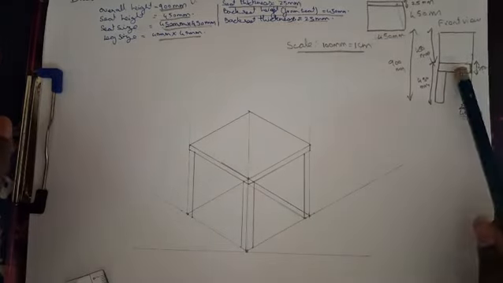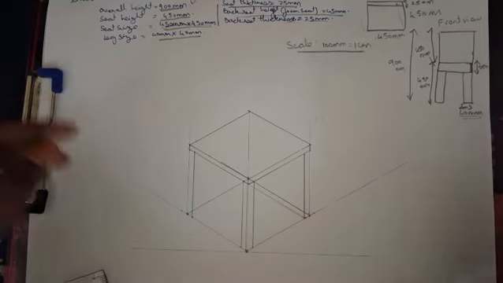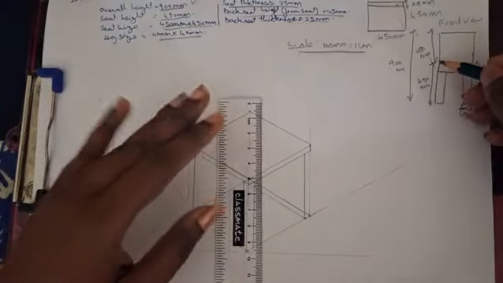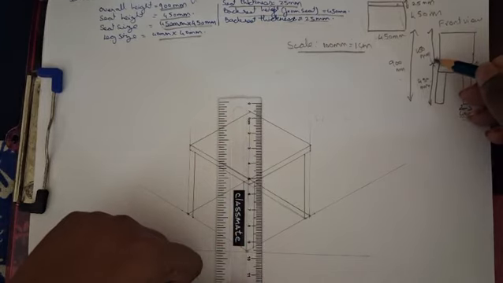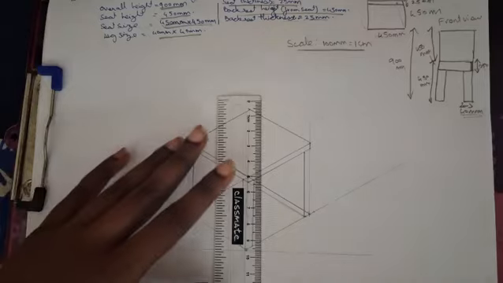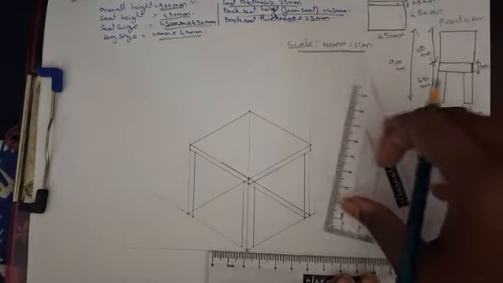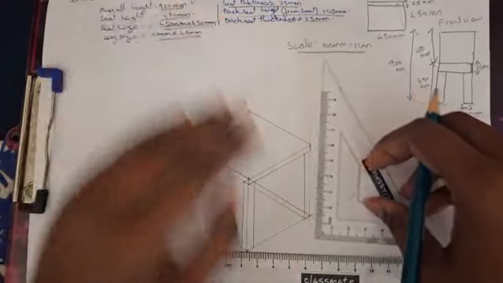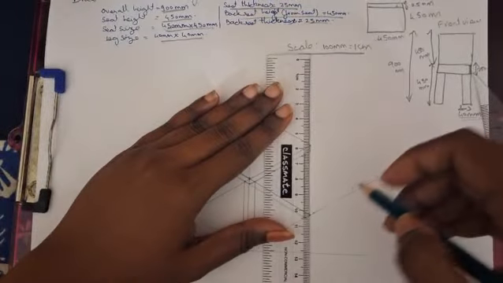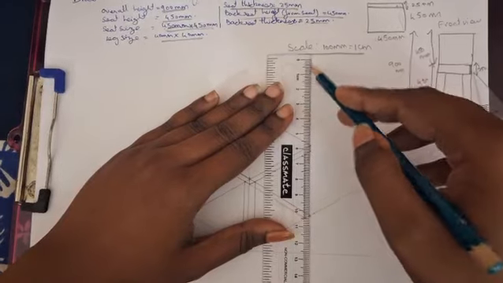Now we have to draw the backrest, which is in the dimension of 450 mm. So I am just going to extend the 90-degree line here and here.